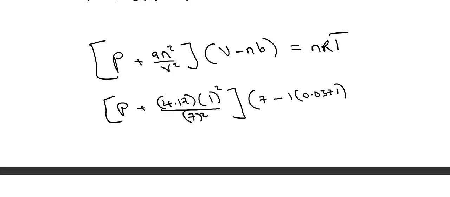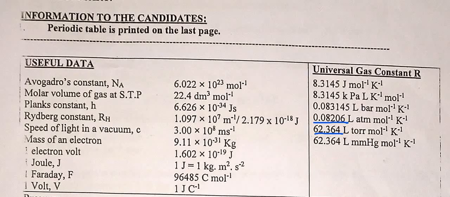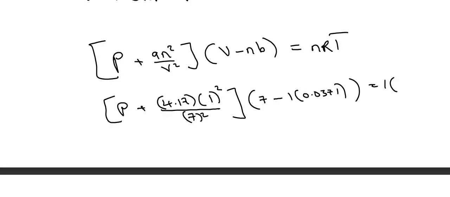So in your case, you'd have to show all the units. This is equal to the number of moles, which is 1. The pressure that we're interested in here, look at the value of A. A has atm, so we have to use the gas constant that has atm, which is 0.08206. The temperature is 350.